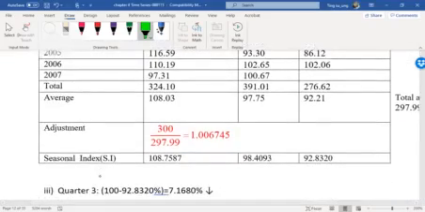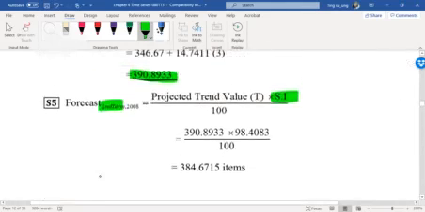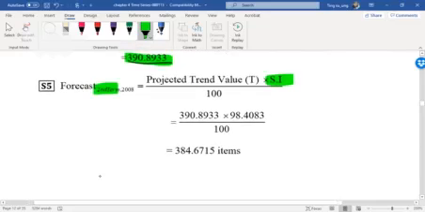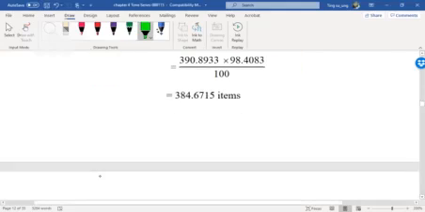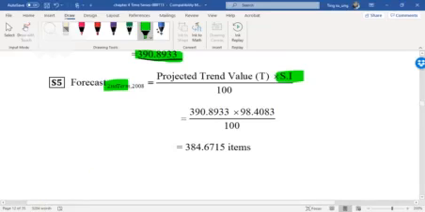So just substitute in 98.4093. Substitute back, divide by 100, you got your answer 384.6715 items.